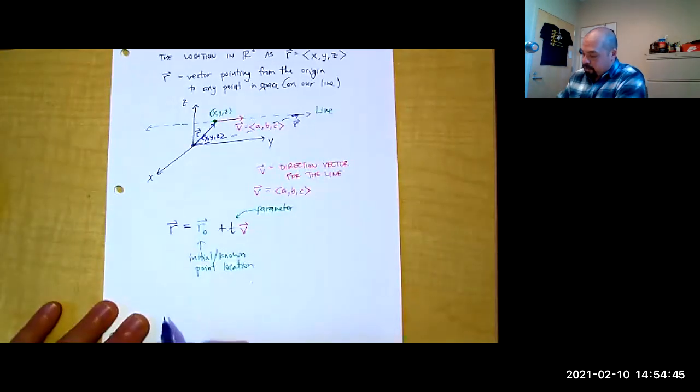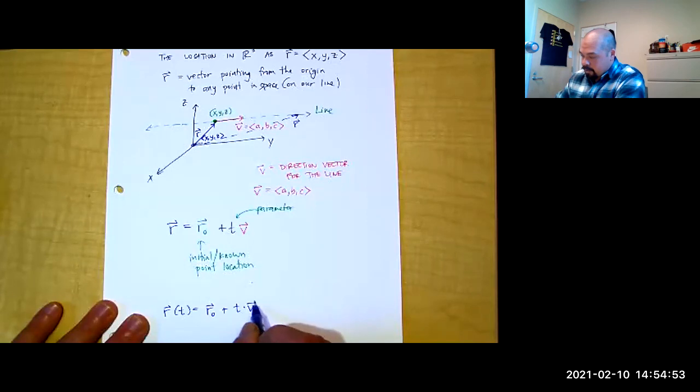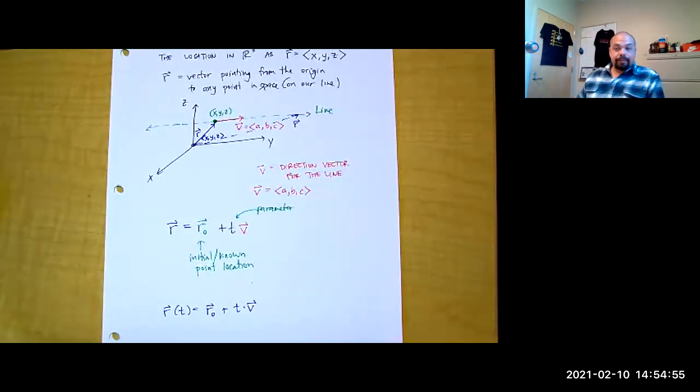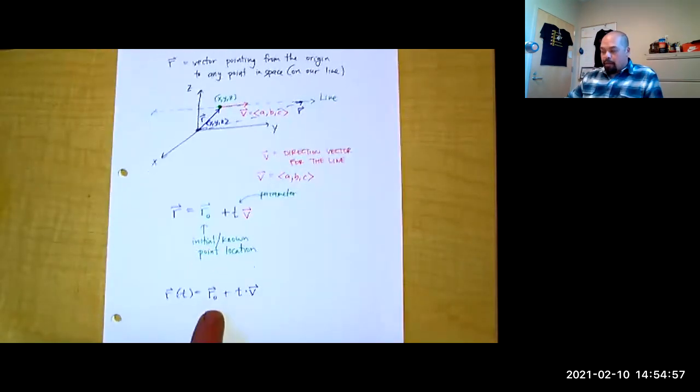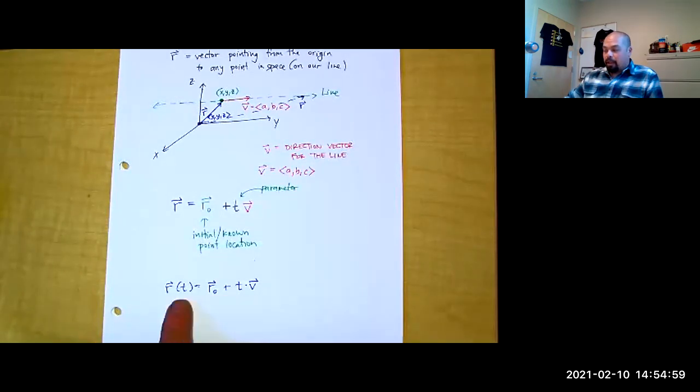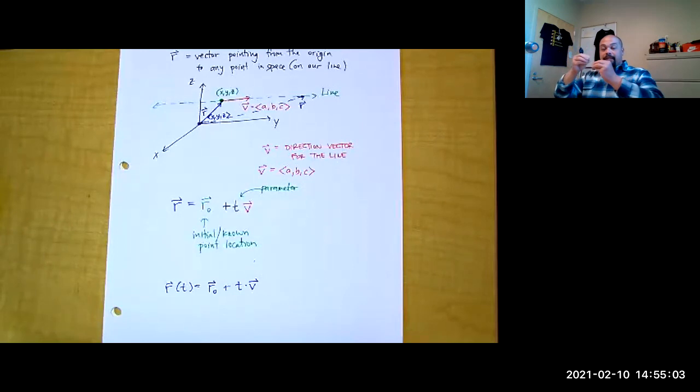So in vector format, r of t equals r sub 0 plus t times that direction vector v. Starting off here, depending on how far along the line I want to go, we're stretching out that direction vector v as far as we may need.